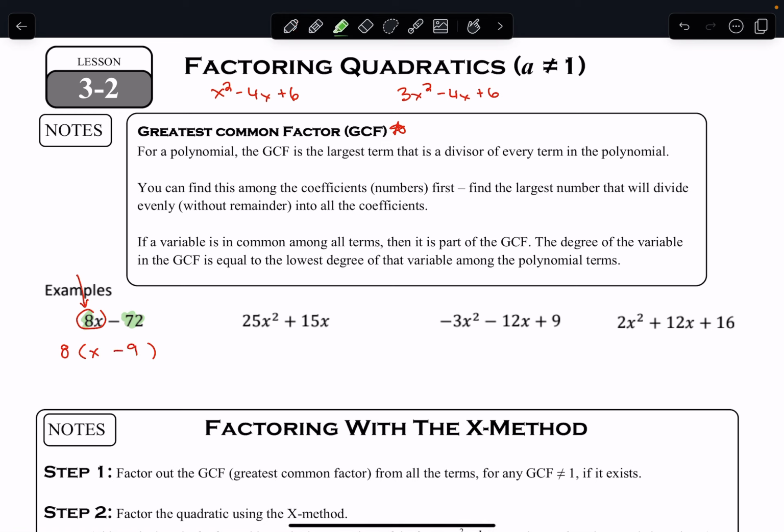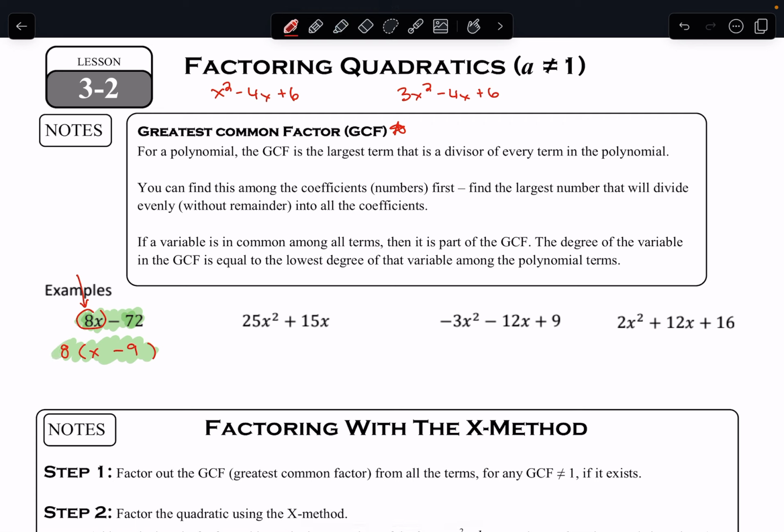Now, this expression on top and the expression on bottom are exactly the same thing. They're just written in a different way. So if I wanted to double check my work, I could take this 8, distribute it, that's 8x. Take this 8, distribute it, that's negative 72. So I end up right back where I started, okay?